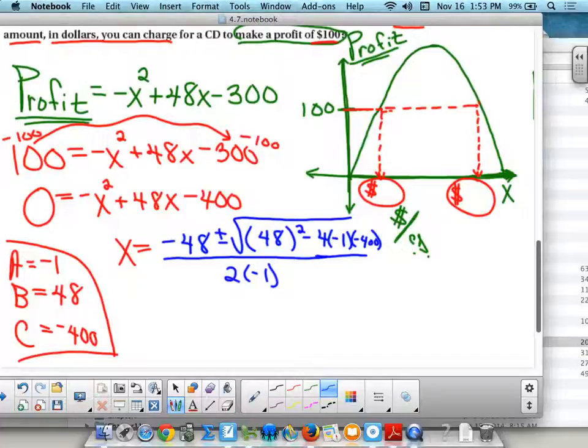Okay, there's me putting the numbers in. And boy, oh boy, if you make a mistake putting those numbers in, you will get this wrong. I did it slow enough where I think I got it right.